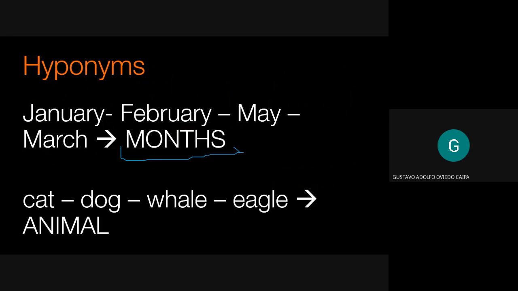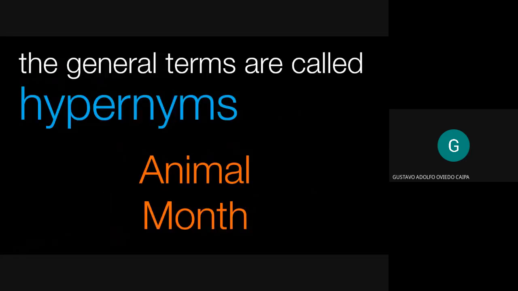These words right here, cat, dog, whale, eagle, include the meaning of the general term animal. All of them include that. So we say that these expressions that are the more specific ones, the smaller ones, we call them hyponyms. And the big ones, the expressions that are more general, we call them hypernyms. Let me show you in just a minute. A hypernym.